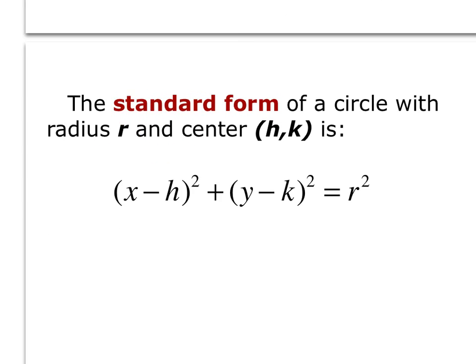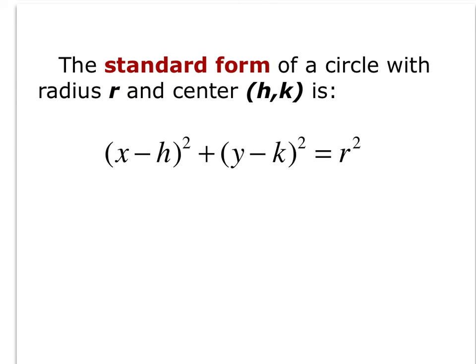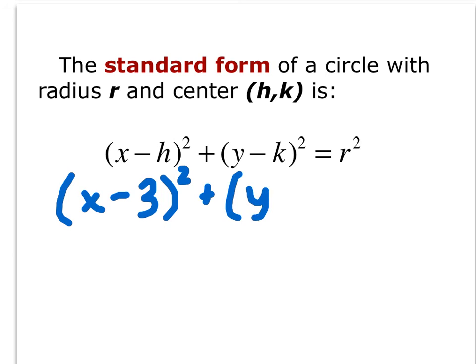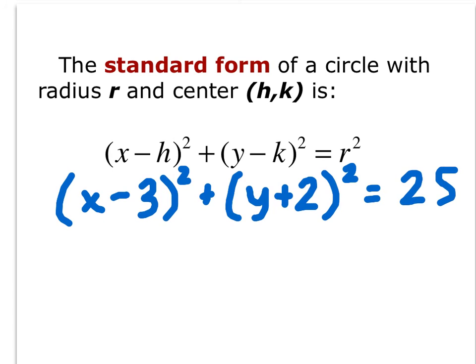Now, a couple of different forms we'll be interested in with our work with circles. The most important one is called standard form. If we can get an equation in this form, then we can pick out the important points of the conic section. In this case it's the center and the radius. So there you can see what that standard form is. For instance, if I gave you the example (x minus 3) squared plus (y plus 2) squared equals 25, could you tell me what the center and the radius are?